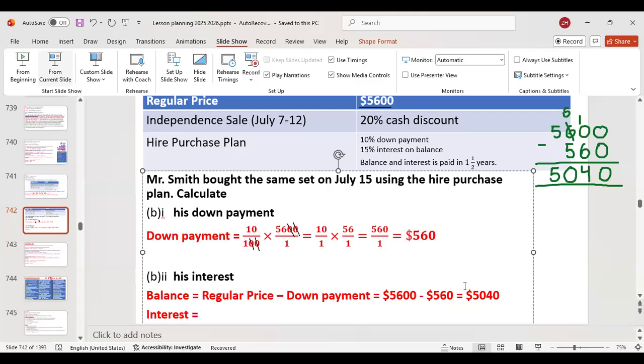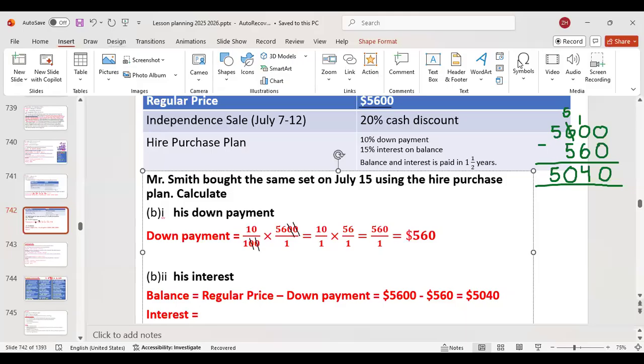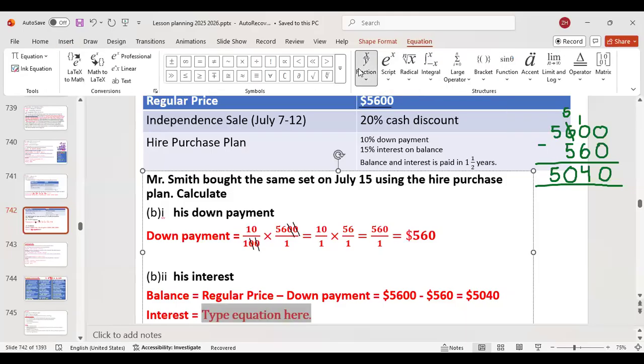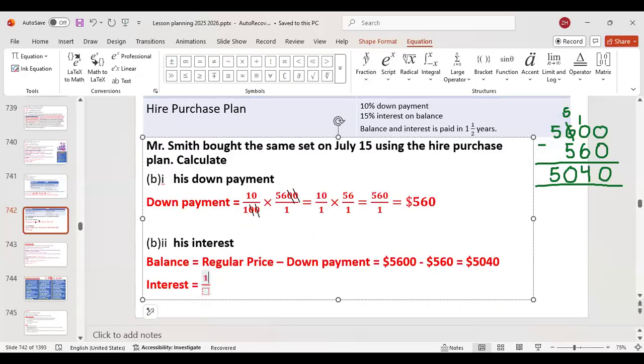How do you write 15% as a fraction? 15 over 100. So 15 over 100 multiplied by 5,040, which is 5,040 over 1.